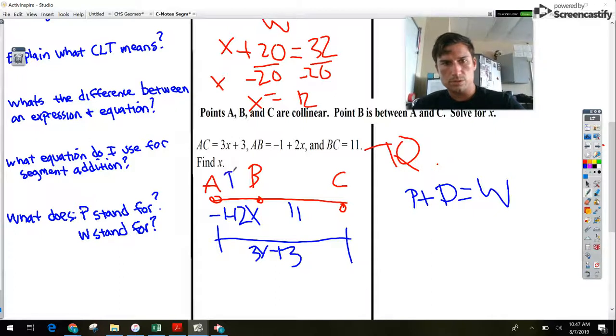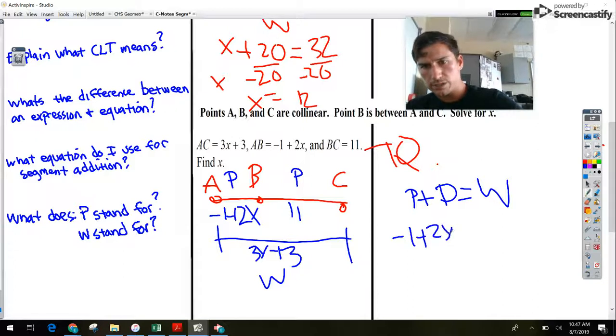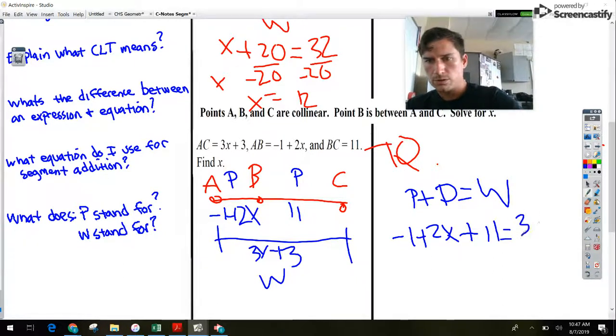AB is a part, BC is a part, and then the entire AC. So that will give us negative 1 plus 2x plus 11 equals 3x plus 3.